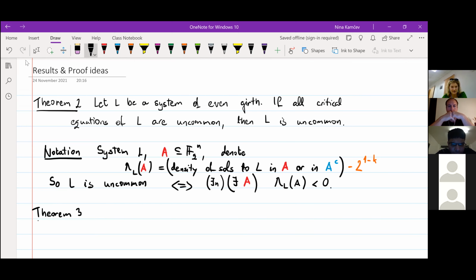Theorem 3. We're still assuming even girth, so L has even girth.